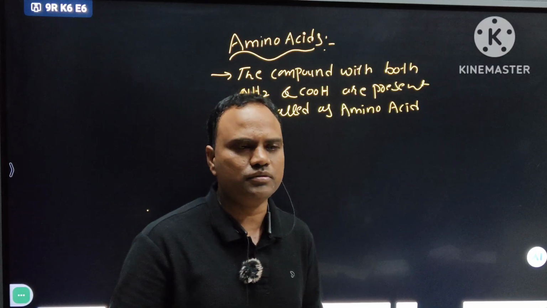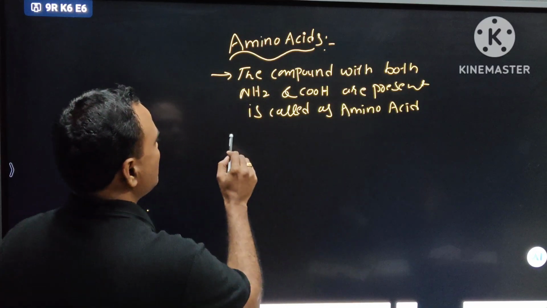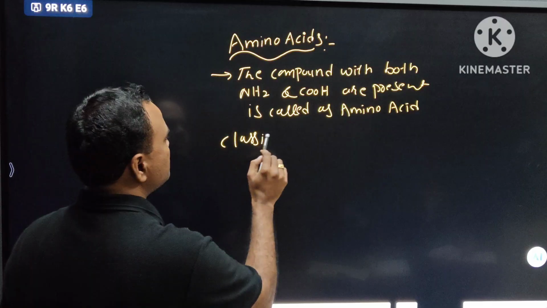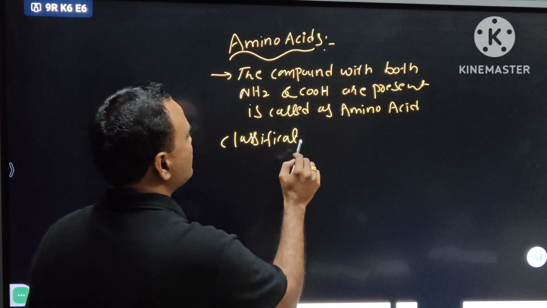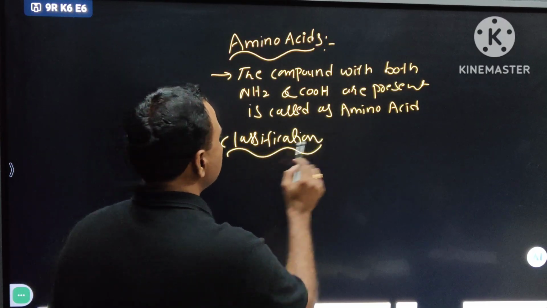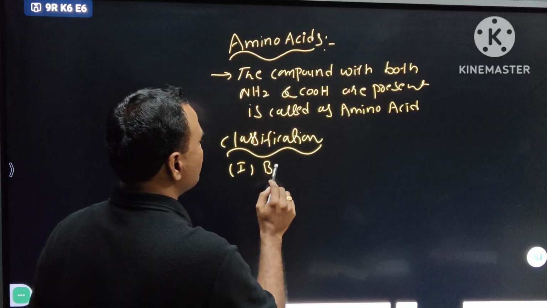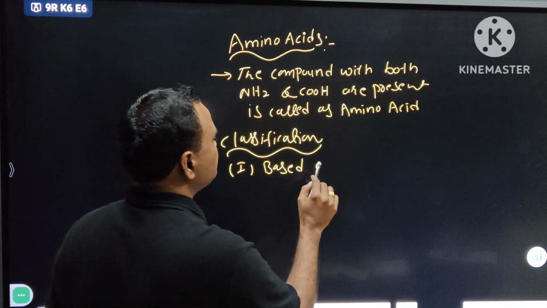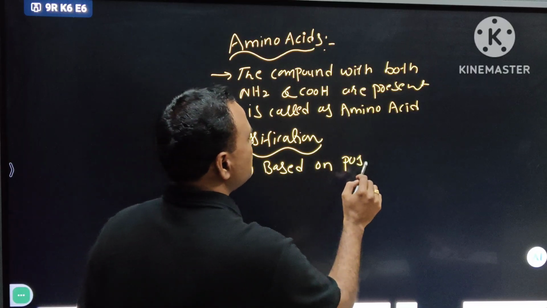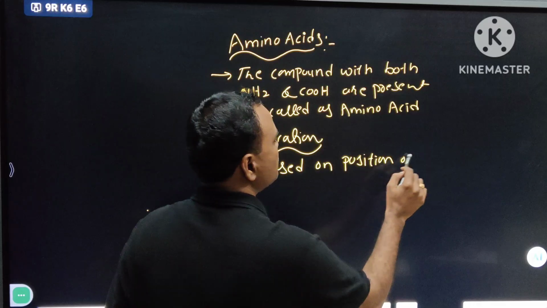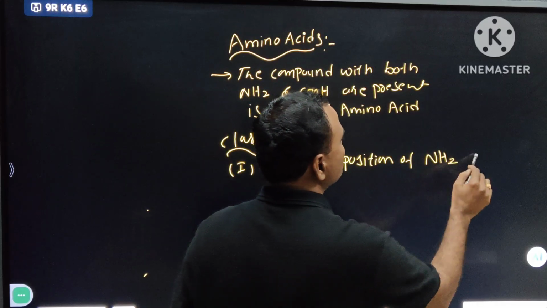Clear? So let us just write the classification, but we do not discuss every type. We discuss only alpha, right? Classification, first one based on position of NH2 group, amino group.